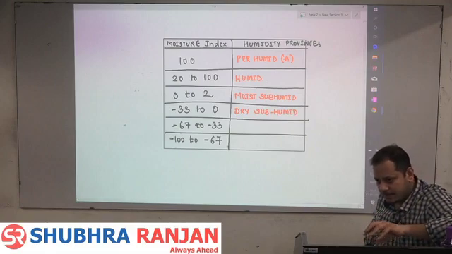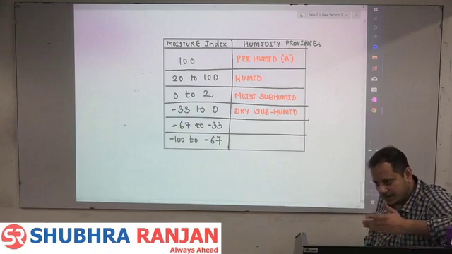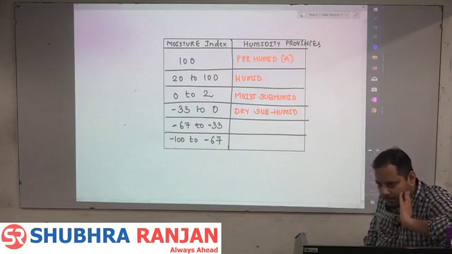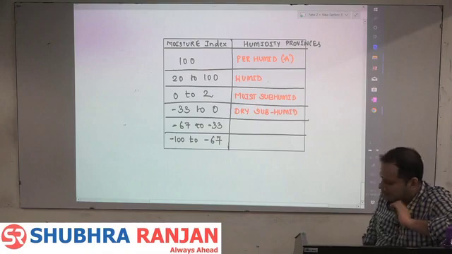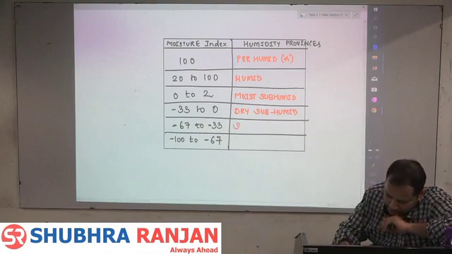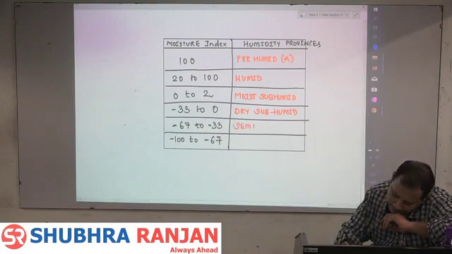Temperature is low, so these regions are moist. Even though the moisture is less, temperature is less. England, semi-arid, and arid.